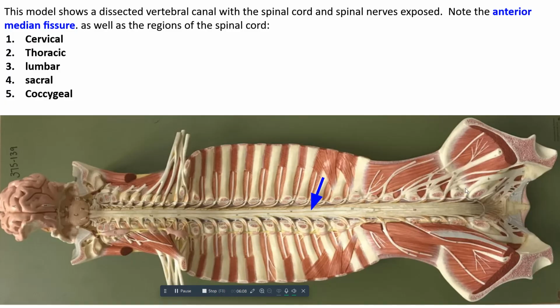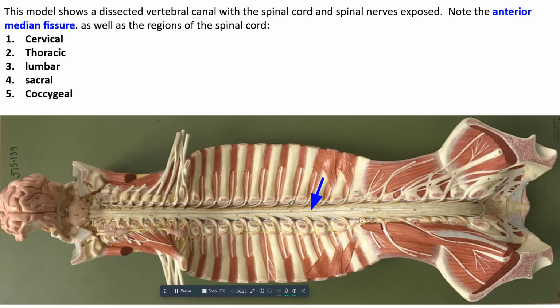And oftentimes the nerves will branch and reconnect into these networks called plexuses. So I see a plexus here and here and here. And we'll go over those plexuses later. We'll name a few nerves as well.